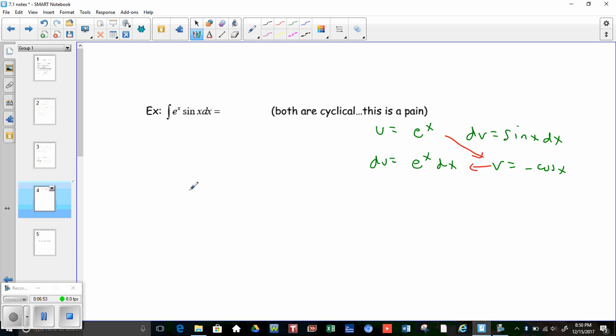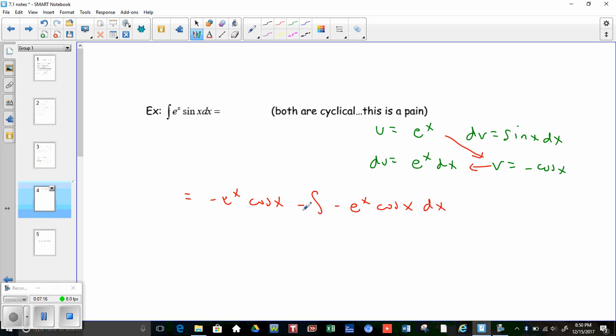So this thing is going to equal u times v, which is negative e to the x cosine x minus the integral of v du, which is going to be the negative of e to the x cosine x dx.